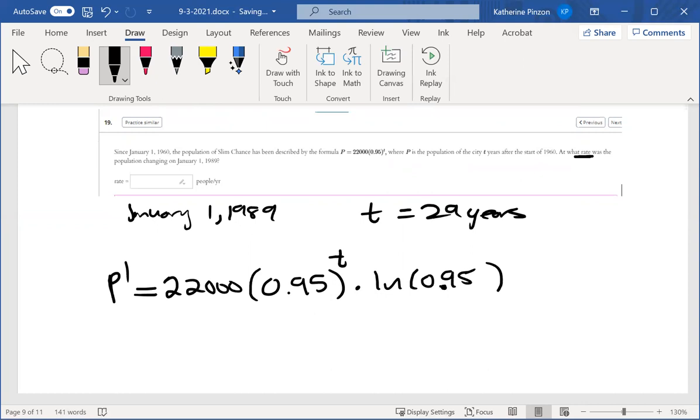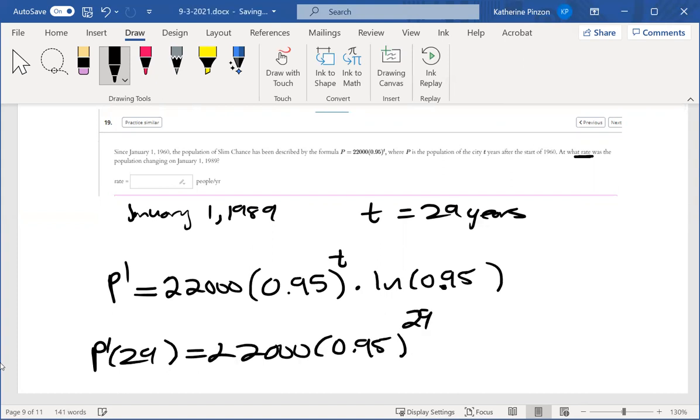Remember, the derivative of e to the t is e to the t. Anybody that's not e, you put that natural log at the end. So this is the rate, and I have to plug in the years. How many years? 29 years. So then just plug in 29 years. P prime of 29 is whatever number your calculator tells you this is.